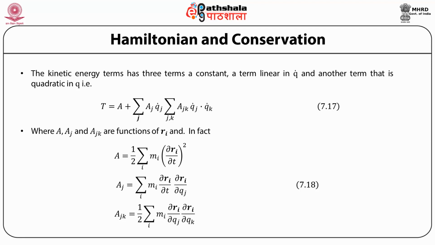And this is a very important result, and most of the systems we will be interested in are holonomic, and in most cases we don't have explicit time dependence. In that situation, the kinetic energy is simply a quadratic function of generalized velocities.